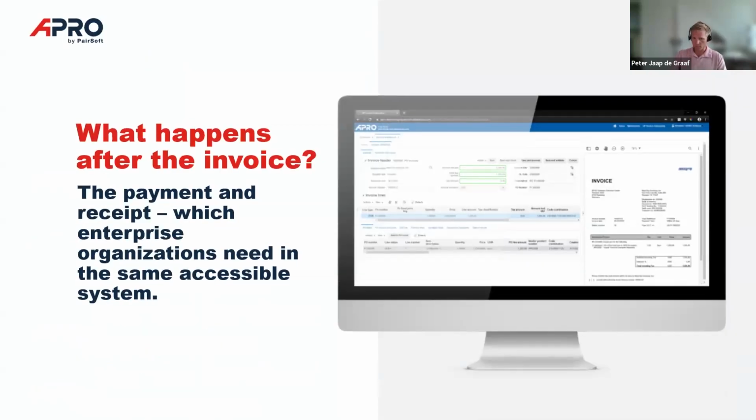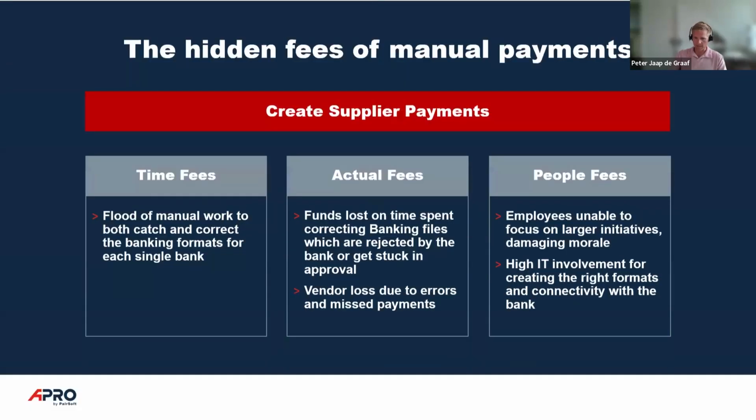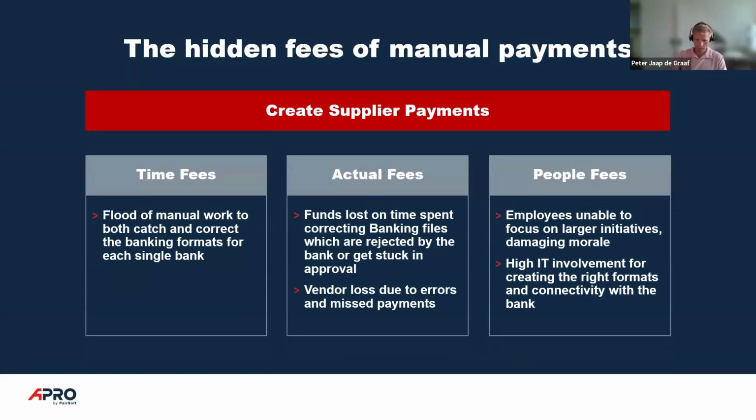So what happens next? Your invoice needs to be paid. And APRO also has a payment solution to make sure that your payment file is picked up, which saves a lot of time, because now if you create a payment, you have to make the right payment banking format so that it will be accepted by the bank. Also, if you have one faulty transaction in your whole payment batch, the batch will get disapproved and you have to create the whole batch again.